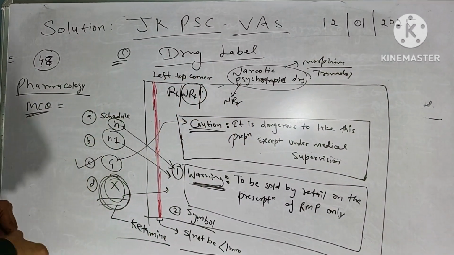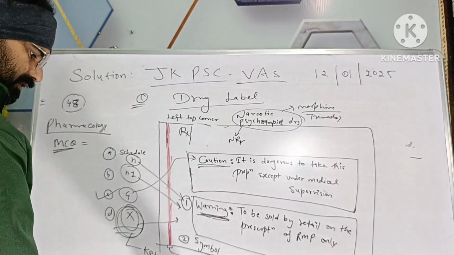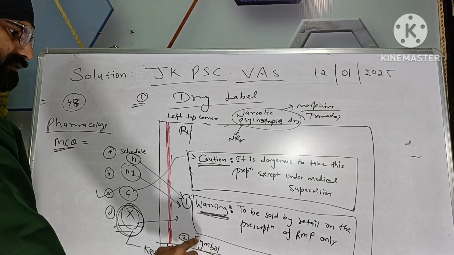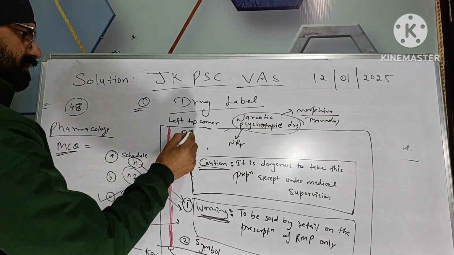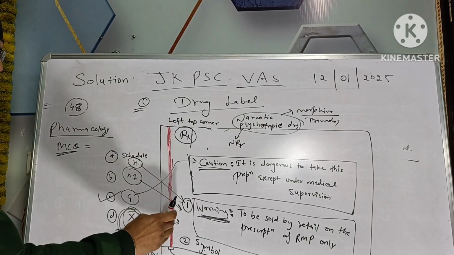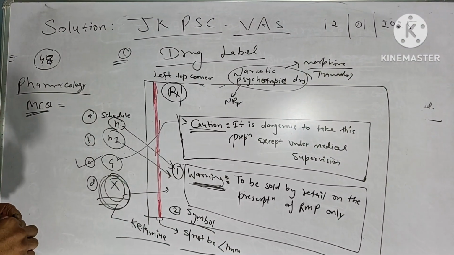If it is an antibiotic, then on the label the warning should be there, and second is the symbol, and the symbol is the simple RX. Along with that, the vertical red line whose width should not be less than 1 mm.